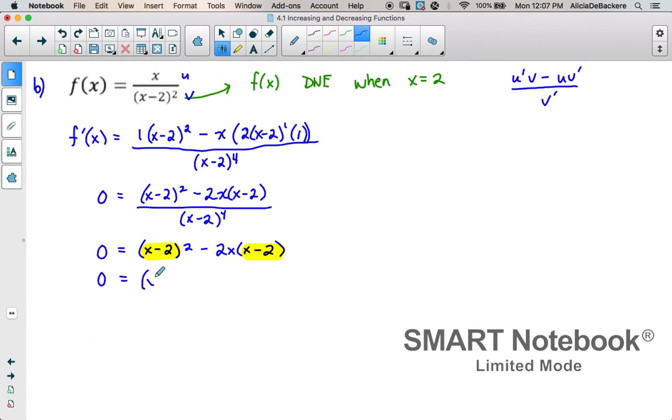So I'm bringing out a common factor of x minus 2 and then opening up a bracket and writing down the leftovers. So x minus 2 squared, if I divide by x minus 2, I'm left with 1 bracket. And you can put the round brackets here, but you don't need them. And then in the second term, when I divide out the x minus 2, I'm left with negative 2x. Oops.